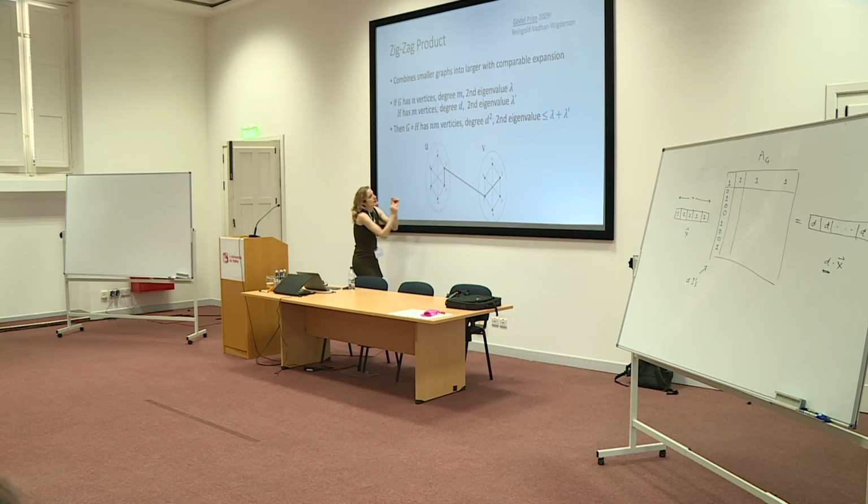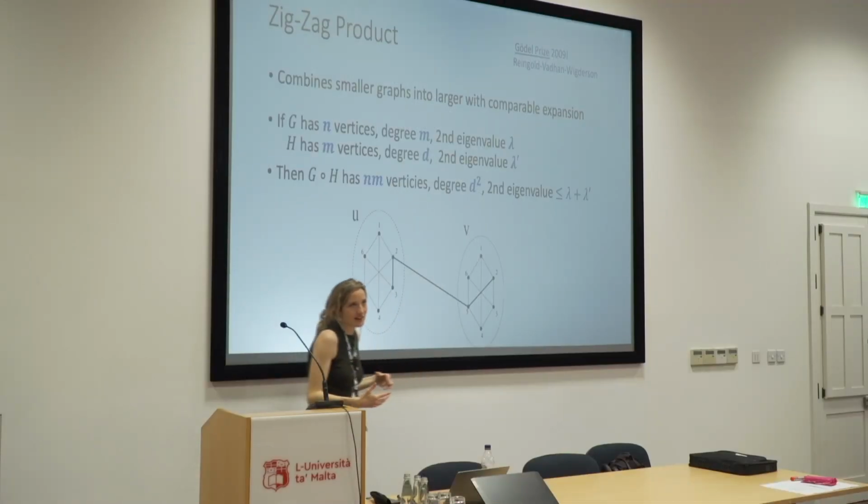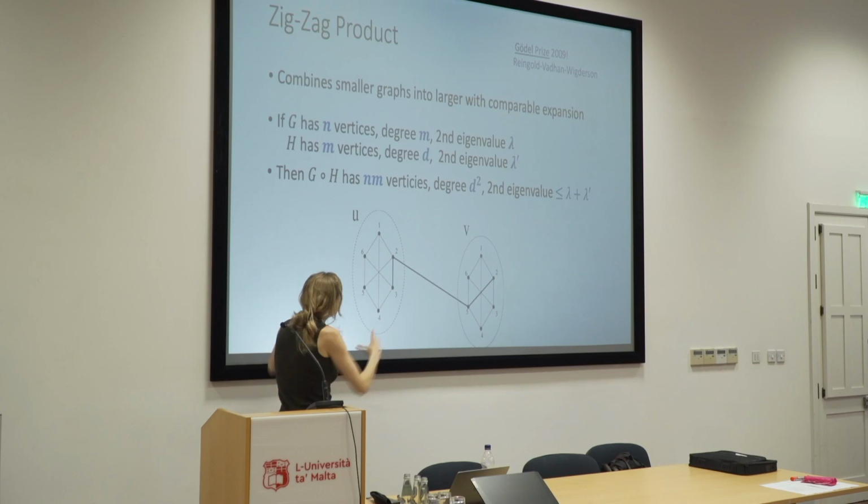Okay, so continuing here. What's going on? First of all, we took each vertex of the original graph and expanded it out to an entire copy of the other graph. And where do I have edges in the new graph?